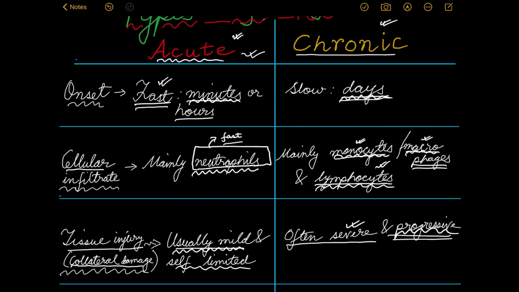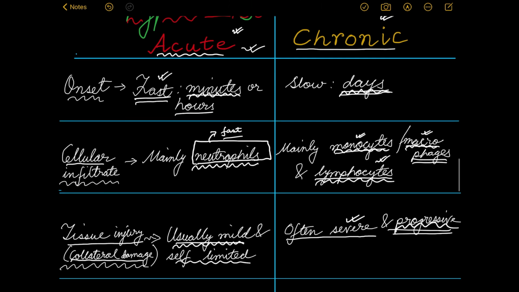So let's start with the chronic inflammatory process. Many times acute develops into chronic, and many times there is a combination of both throughout the body. So it's not very clear cut many times.